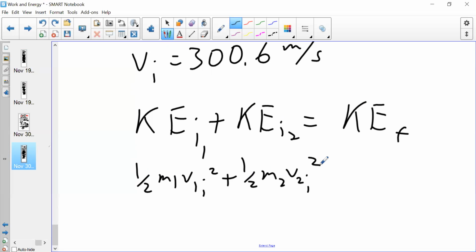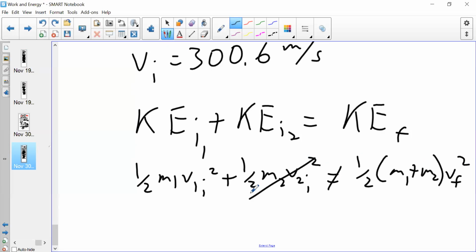If we take object 2 to be the target, the block of wood, and obviously the bullet is object 1, let's prove that the energies are not equal. So this already goes away, so that helps you out.